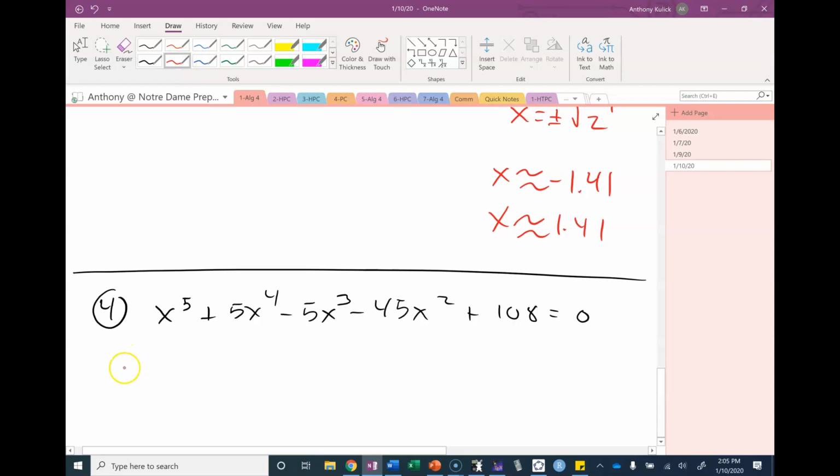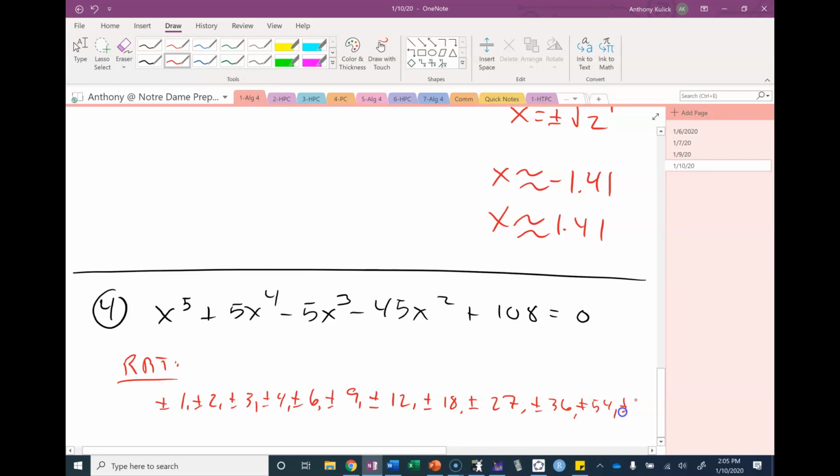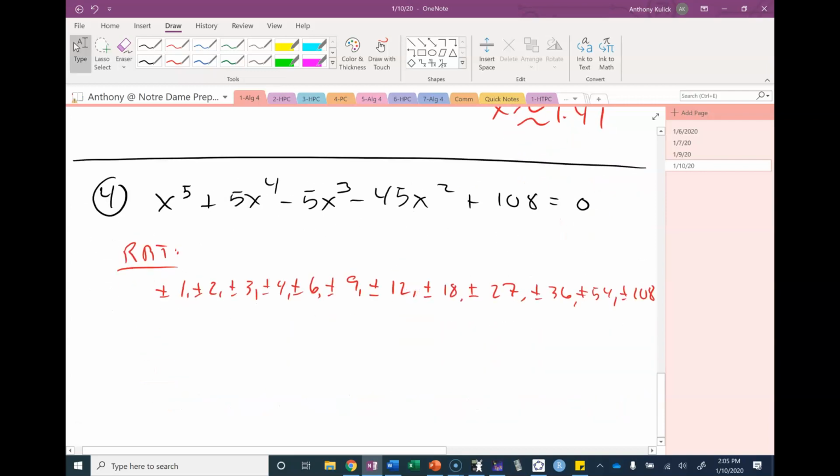All right, so for my rational roots theorem, my list of possible rational zeros is pretty long, but it's not so bad because at least it's only the factors of 108, since the only factor of 1 is 1, and anything divided by 1 is itself. I just have a lot of them. Any questions on that?